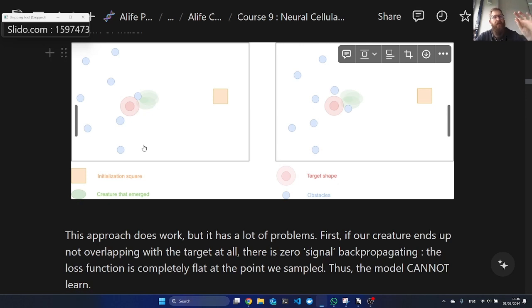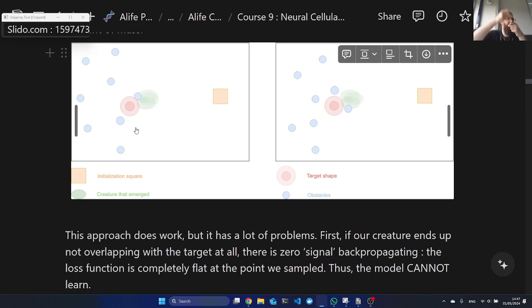If you change the parameter a little bit, your creature might move a little bit up, but it still will completely miss the target. In other words, if the creature ends up here, or if the creature ends up here, the loss is exactly the same. So there is zero signal.